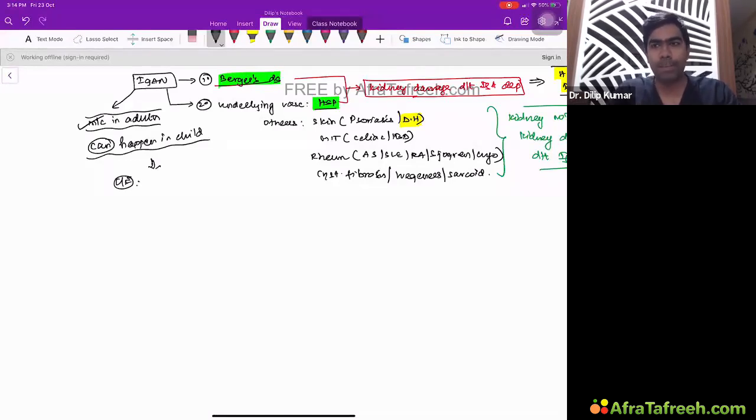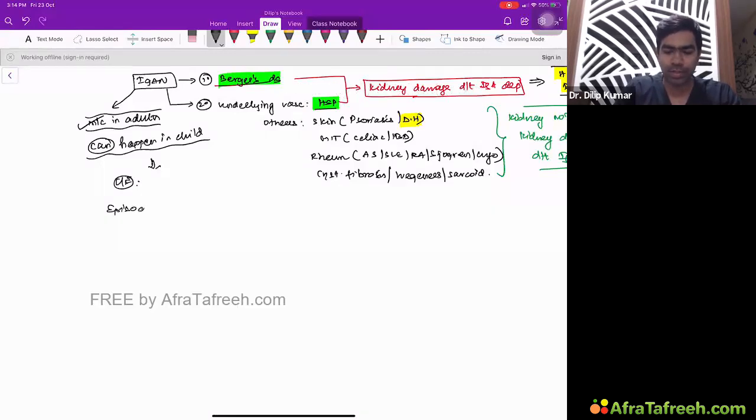So one way they can present is with episodic gross hematuria. Frequently they will get bouts of hematuria, or they can present with asymptomatic microscopic hematuria, plus or minus proteinuria.